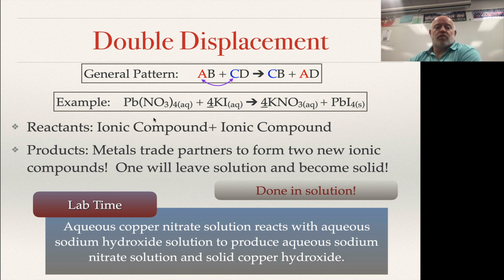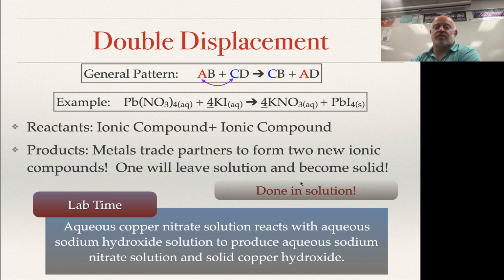So again, we're looking at our reactant side: it's ionic compound plus ionic compound, and in the products the metals trade partners to make new ionic compounds, okay? In terms of our pattern, we see the same pattern on both sides: two compounds on the reactant side, on the left-hand side of our arrow, and two different compounds on the product side of our arrow, okay?